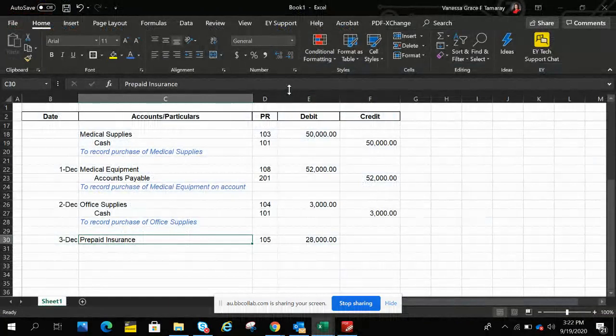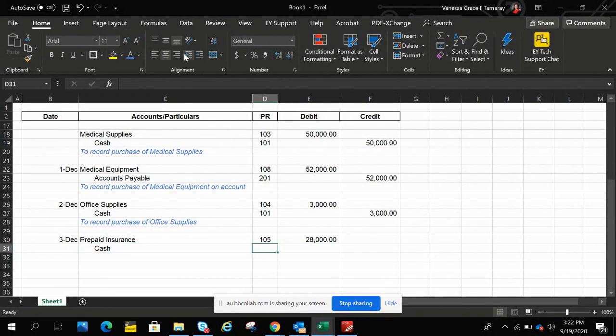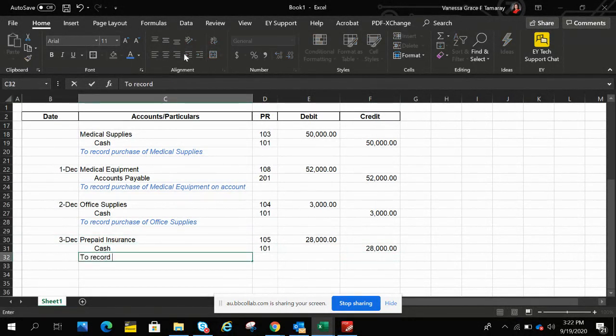Prepaid insurance building. Lagyan na natin ng cash. Credit, cash. Yan. And then, 28,000 pesos. To record 1-year insurance for the building.